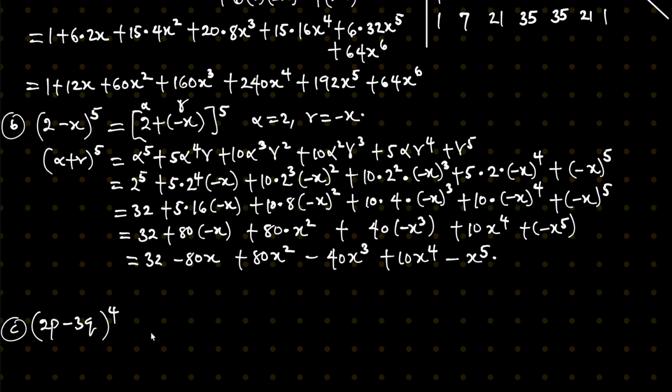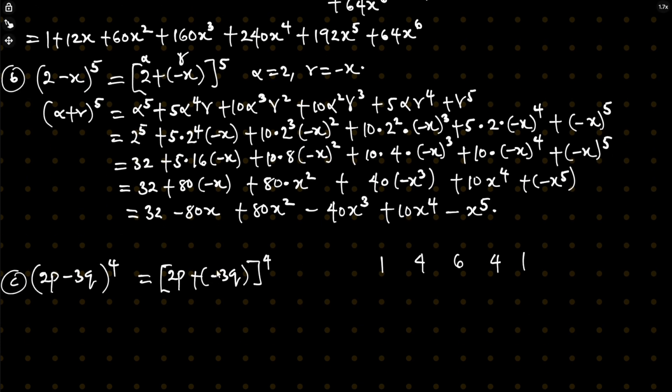The last question for this session is to do this. So we'll write this as 2p plus negative 3q all to the power of 4. And the Pascal triangle numbers for a power of 4 are 1, 4, 6, 4, and 1.